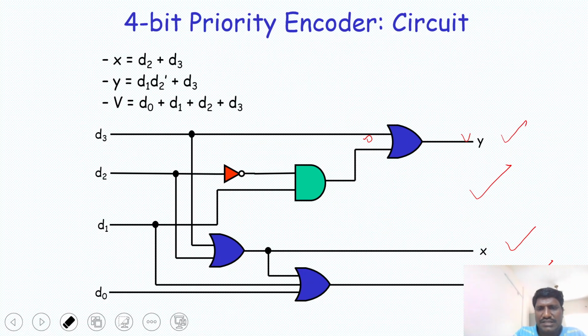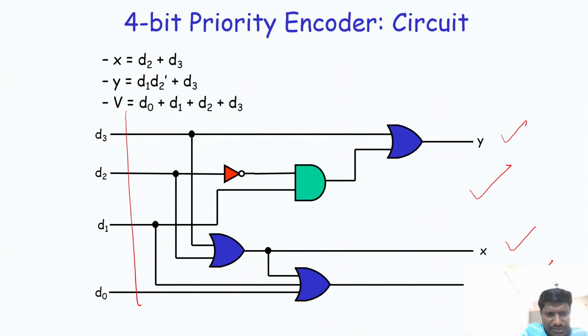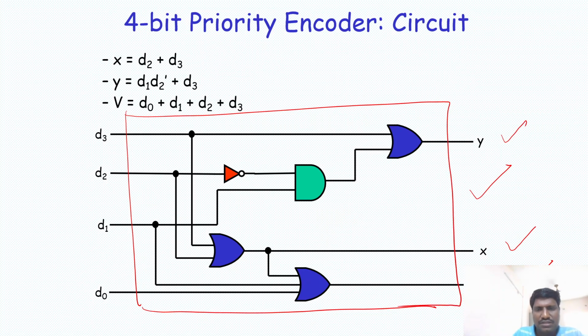The input-output relations we have seen so far are going to work if I use this as the hardware. With this I can say what a priority encoder is, what the need for a priority encoder is, and how to design the priority encoder has been covered.